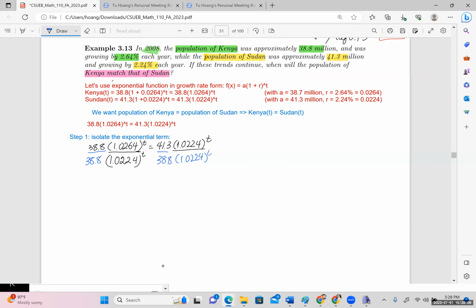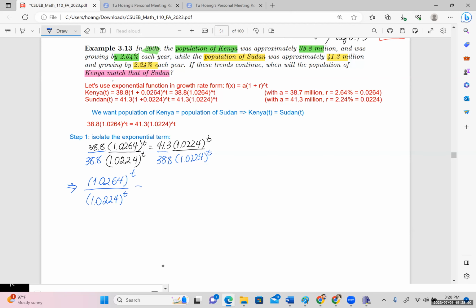So now I can just have the left hand side become only 1.0264 raised to t divided by 1.0224 raised to t.